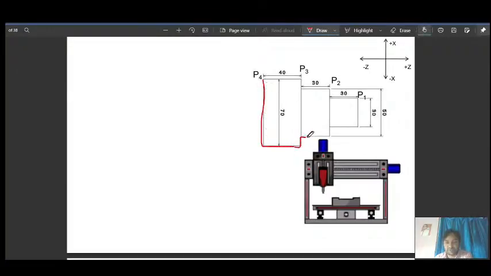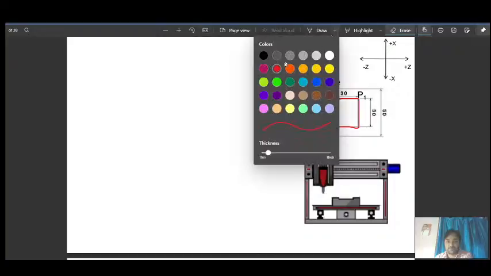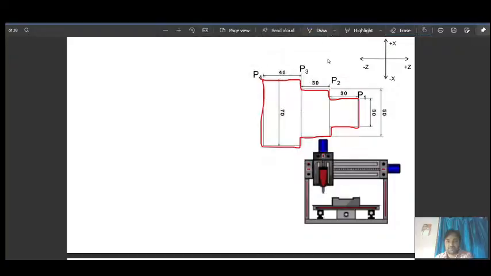This is your workpiece geometry. This is the required part you need after machining. So how will you machine? You need to have a cylindrical part along this first, and then step by step you will machine this one, then you will achieve this one.